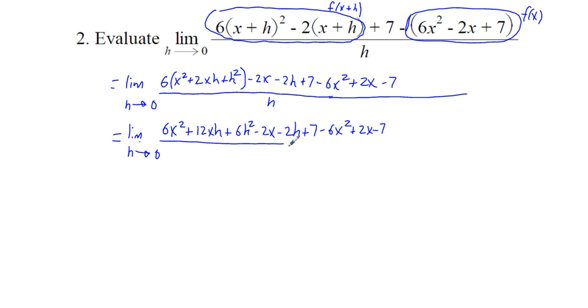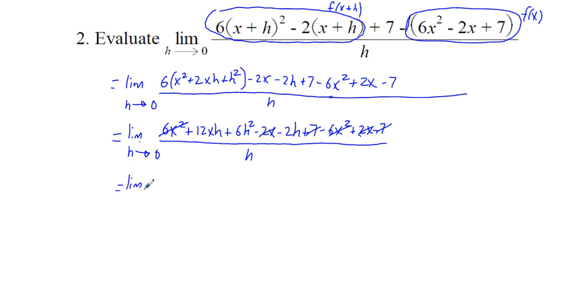going to be over h. So we have 6x squared minus 6x squared. We have negative 2x plus 2x. We have 7 minus 7. And we're going to bring down everything else.